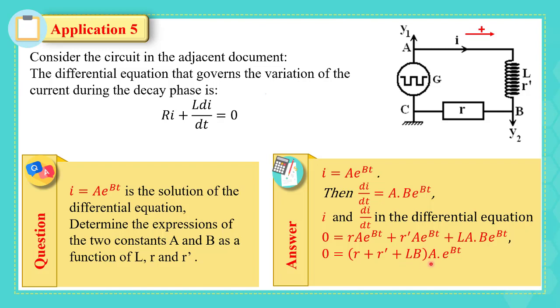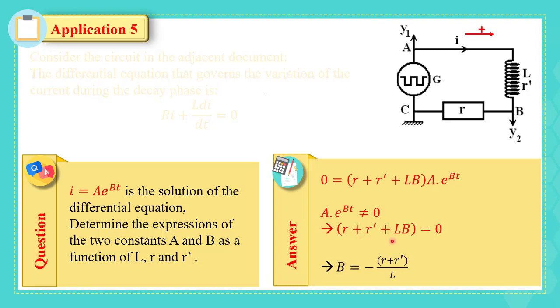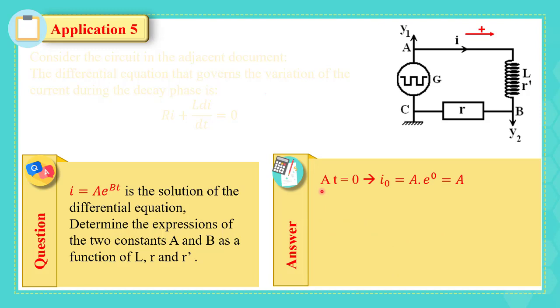Now, as we know, the exponential is different from 0. So A e to the power bt is different from 0. And we will have R plus R' plus LB equal to 0. So B equals minus (R plus R') over L. Now, in order to determine the expression of A, we will use the initial condition.